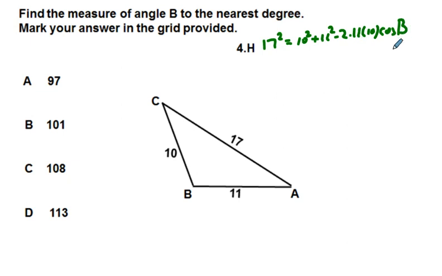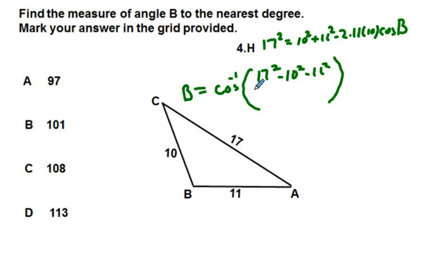And so when we simplify everything here, I'm just going to write up the formula. Angle B is going to be equal to inverse cosine of 17 squared minus 10 squared minus 11 squared over negative 2 times 10 times 11. And that's going to be it.